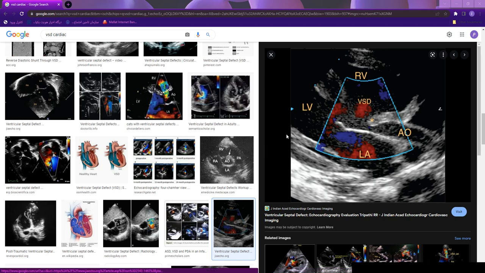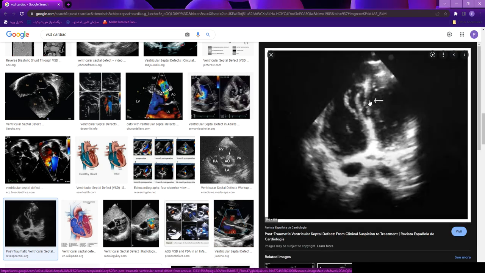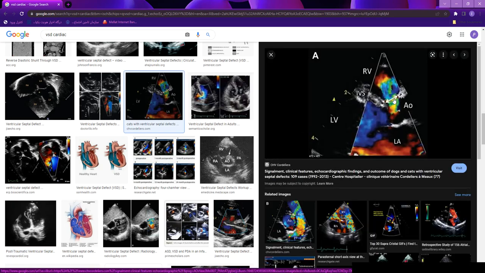This VSD is a perimembranous VSD near the aortic valve, and maybe the VSD is a muscular VSD. The muscular VSD is better than the perimembranous VSD, because the perimembranous VSD can destroy the aortic valve, and we must check the aortic valve for AI.